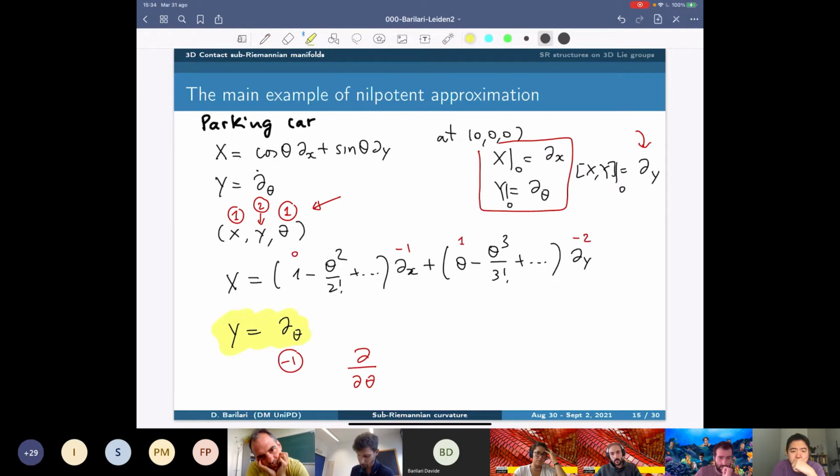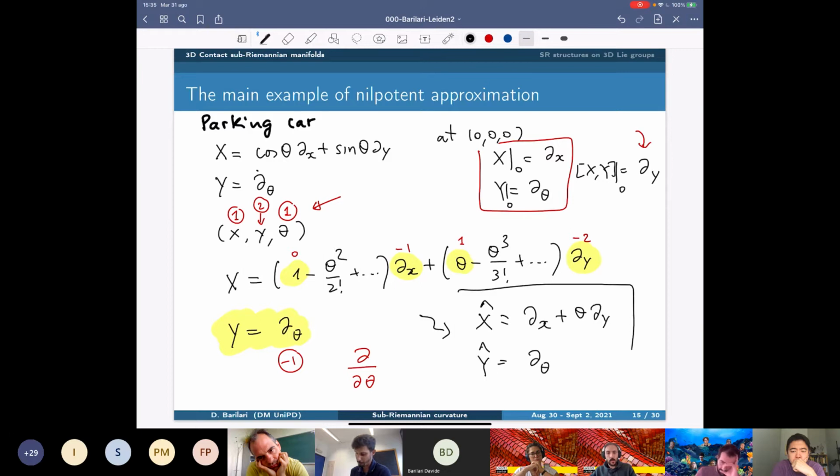So in this case, if you keep the -1 order term, you keep everything here, but in this case, you keep this plus this, and all the rest is going to get killed. And so the main order, if you wish, is dx plus theta dy, and then d theta. And here what you have is the Heisenberg group, okay? If you change the name of the variable, you will get back a version of the Heisenberg group Lie algebra.